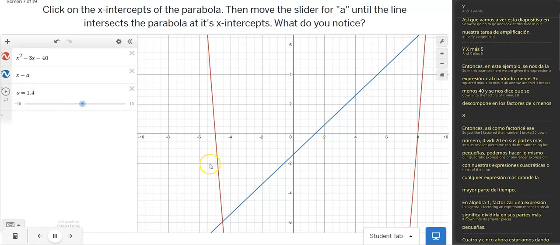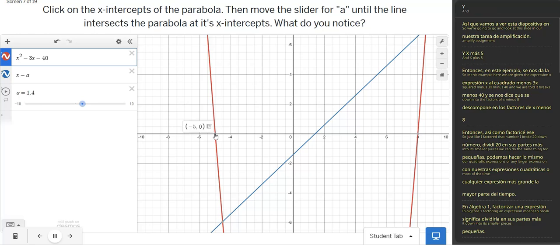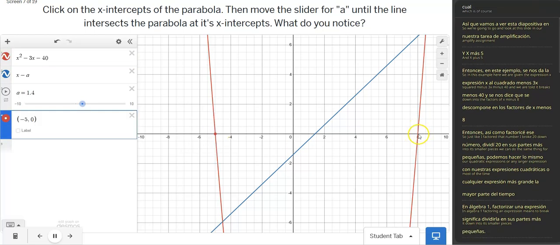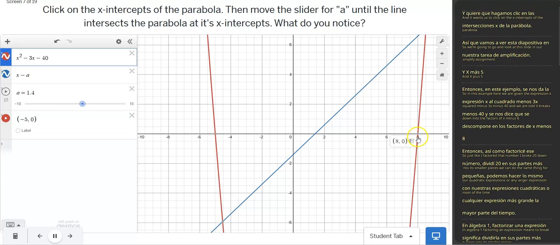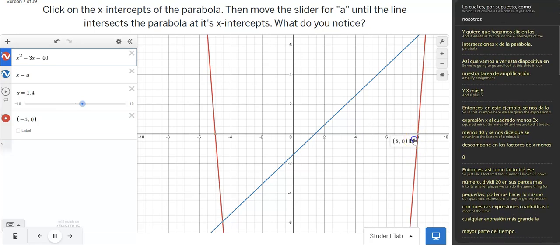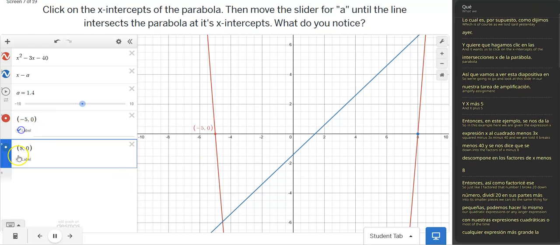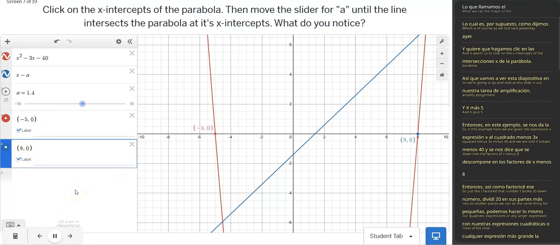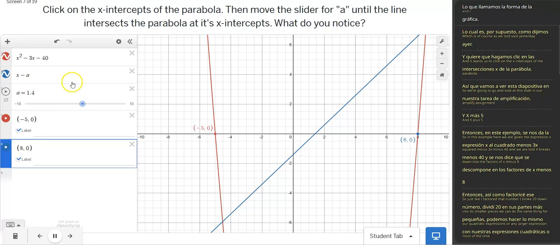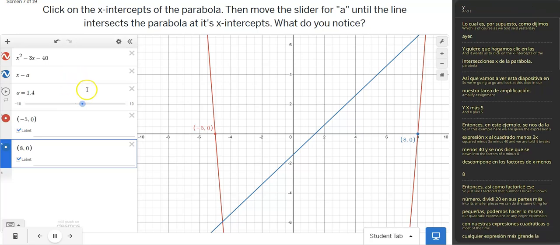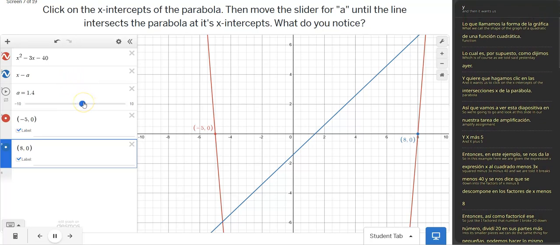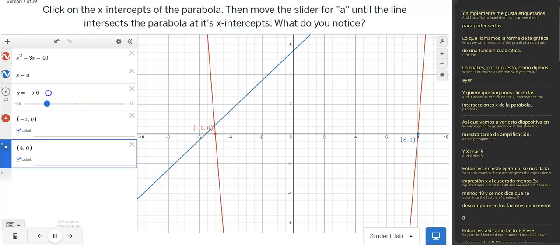It wants us to click on the x-intercepts of the parabola, which, as we said yesterday, is what we call the shape of the graph of a quadratic function. I like to label them so I can see them. Then it wants us to move the slider until the line is at the intercepts, and we want to look at what we notice.